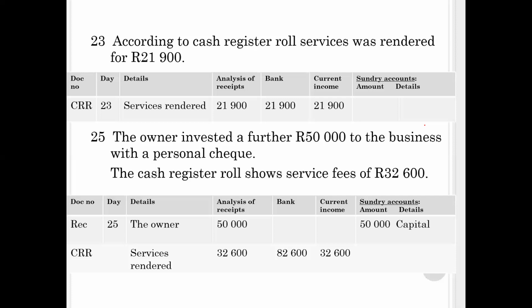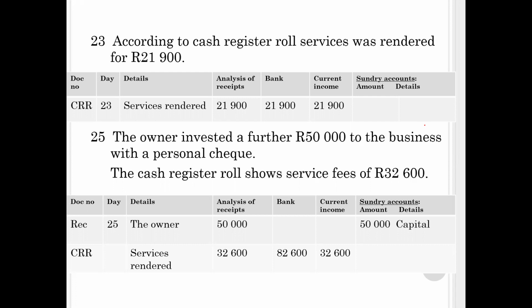Then the next transaction is still on the 25th, but it was a cash register roll for service fees or services rendered of 32,600. So you've got your cash register roll, the CRR. You've got services rendered with details because there's not a name of a person. The 32,600 will go to analysis of receipts because you received the money at the business.